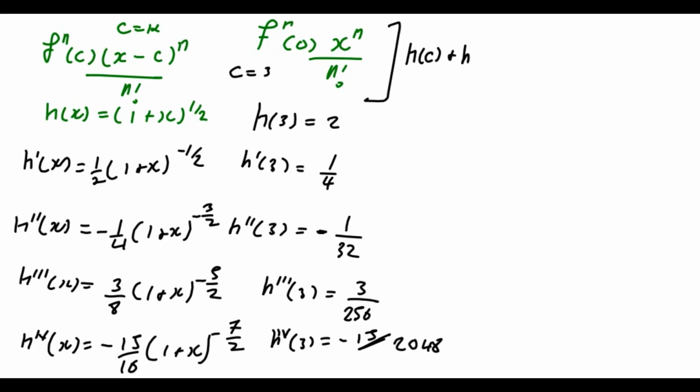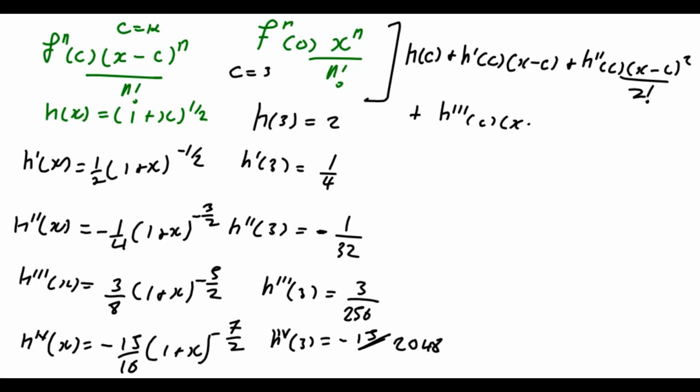So this would be h prime of c, then here it would be x minus c, like that. Then you say plus h prime prime of c, here you say x minus c to the power 2 divided by 2 factorial. You see, you keep on going, h prime prime prime of c, then you say x minus c to the power 3 divided by 3 factorial.